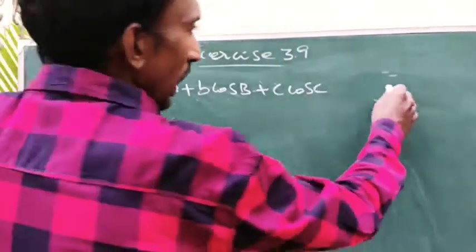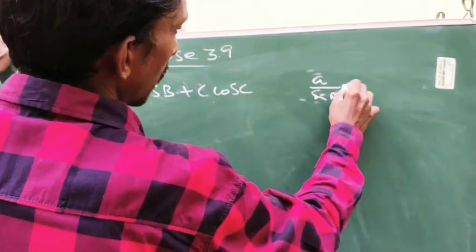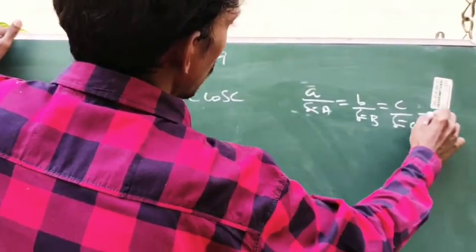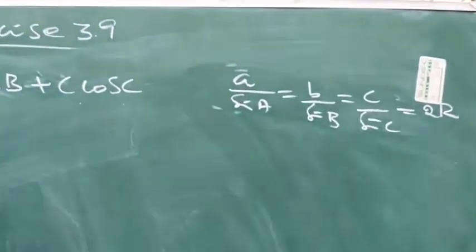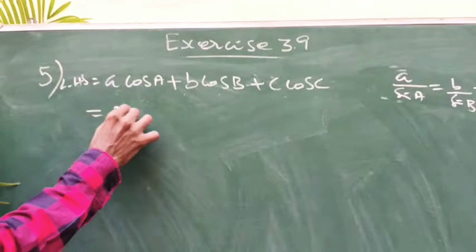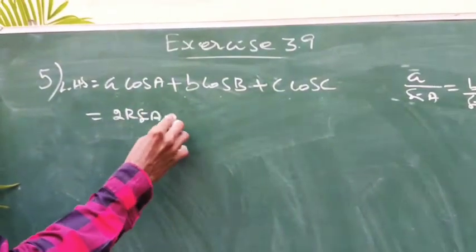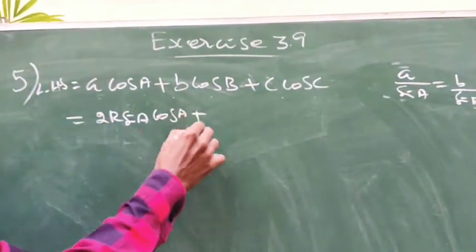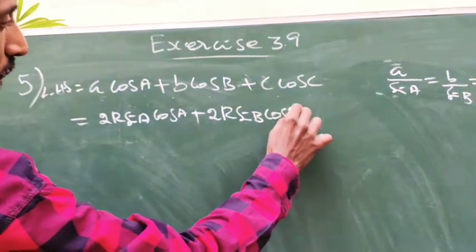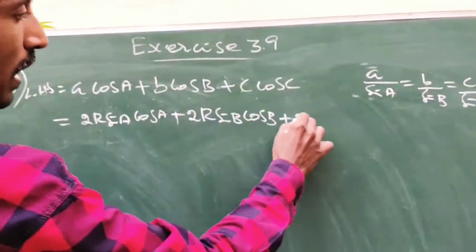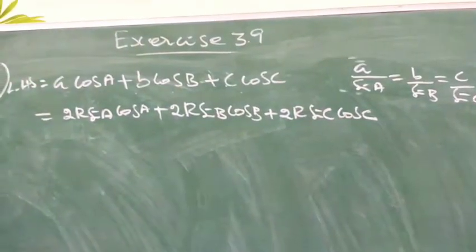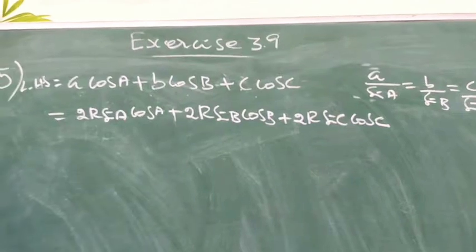Recall it again: a by sin a equals b by sin b equals c by sin c equals 2r. So a is 2r sin a. So 2r sin a cos a plus similarly 2r sin b cos b plus 2r sin c cos c. First step, we are using the sine formula.